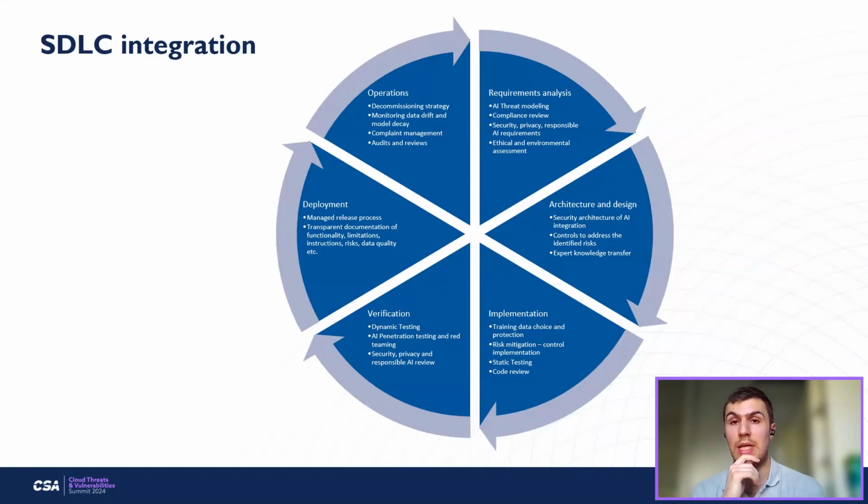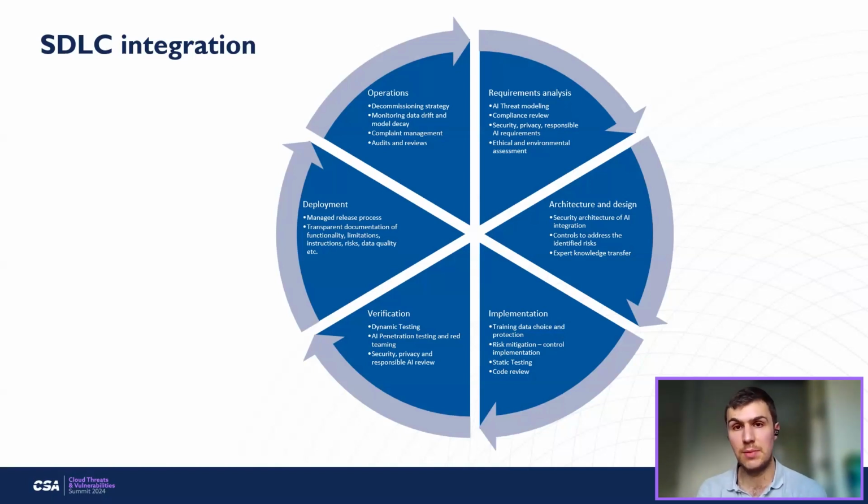Looking at the requirements to start with, obviously the threat modeling has new challenges and new vectors to target. Compliance review will probably target slightly different regulations or new regulations, such as the EU AI Act. Security, privacy, and responsible AI requirements all come together.